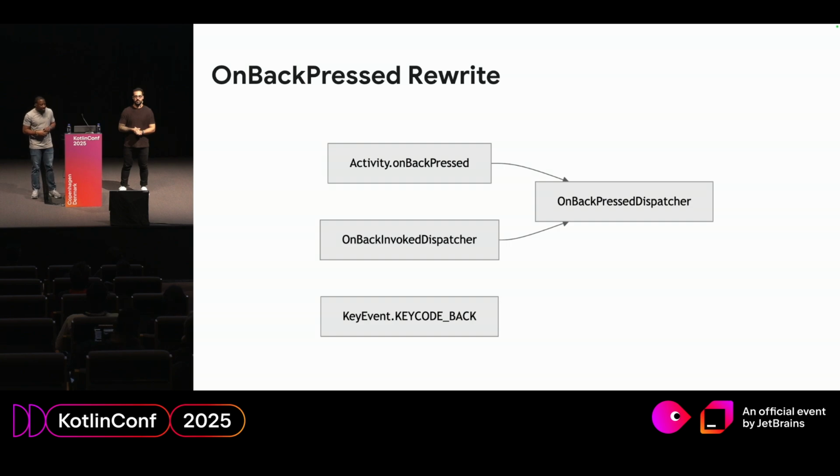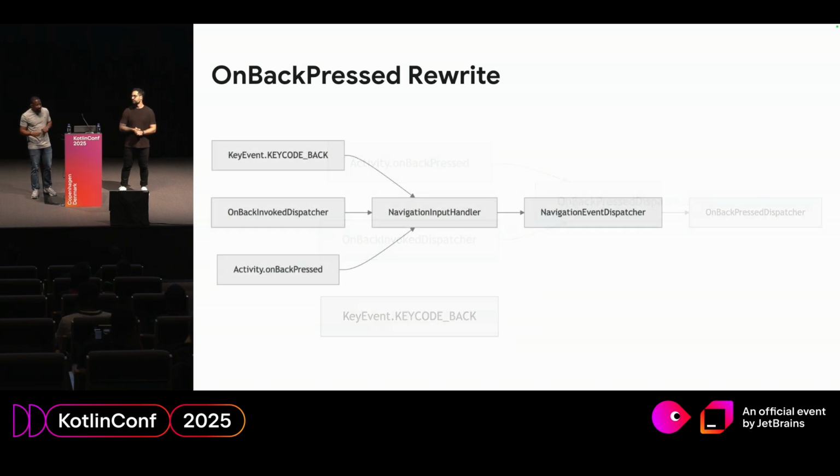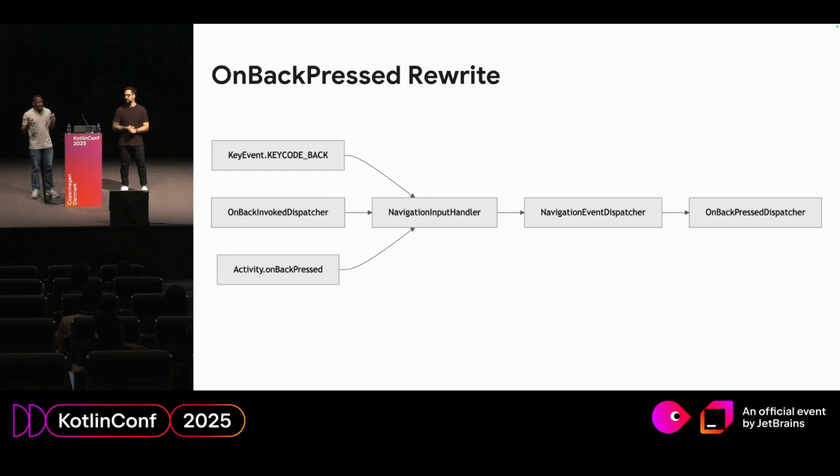So taking a look at our graphic from earlier, we can go from having platform-specific integrations linking directly to the on-back press dispatcher to having the navigation input handler be our platform-specific intercept, and then adding on-back press dispatcher and having it just act like a callback of the navigation event dispatcher.